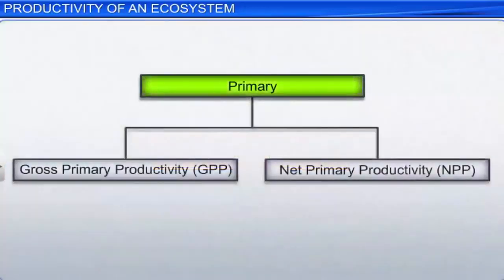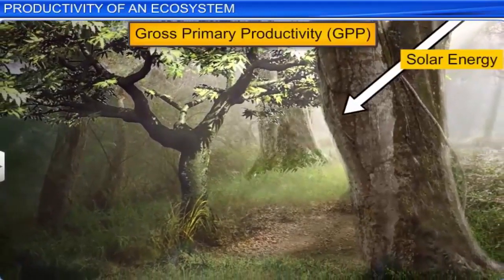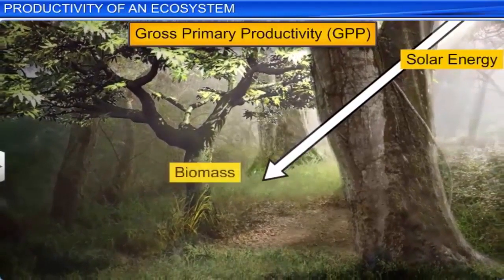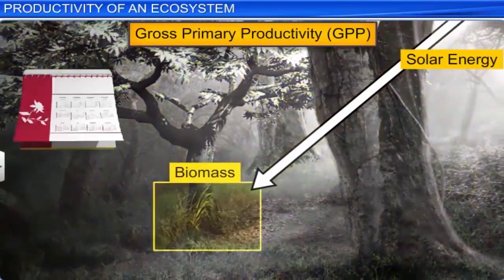Primary productivity can be categorized as gross primary productivity, or GPP, and net primary productivity, or NPP. GPP is the total energy fixed by primary producers as biomass through photosynthetic activity per unit area per unit time.